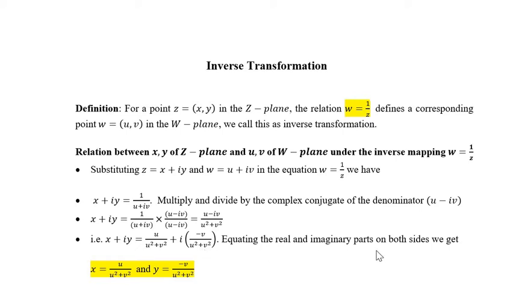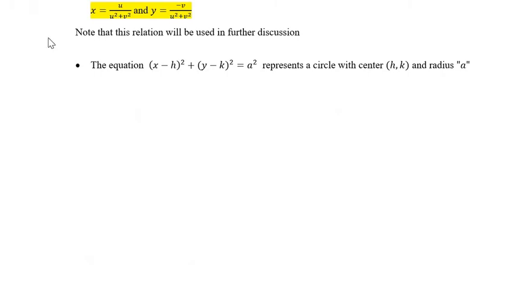Equating the real and imaginary parts on both sides, we get x equal to u upon u square plus v square and y equal to minus v upon u square plus v square. Note that these relations will be used in further discussion.